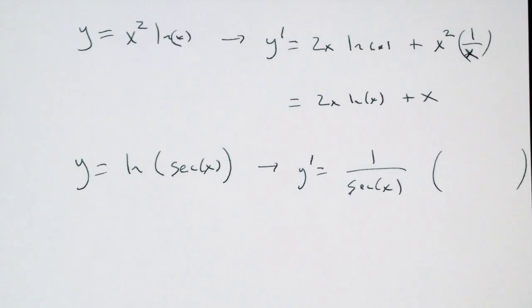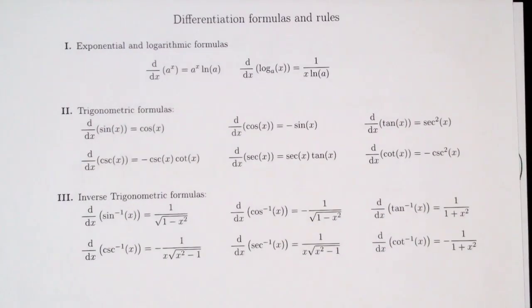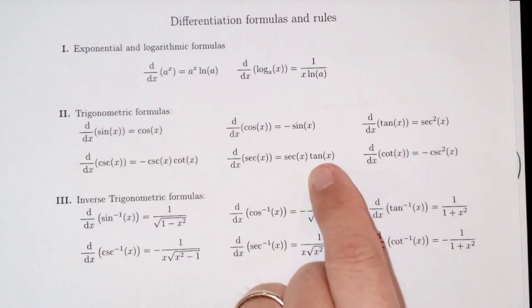There's a formula sheet. I don't have to have all those trig derivatives memorized. There's a formula sheet. It's at the end of our second exam review. It's attached to the exam. So I can grab it and say, oh, the derivative of secant. There it is.